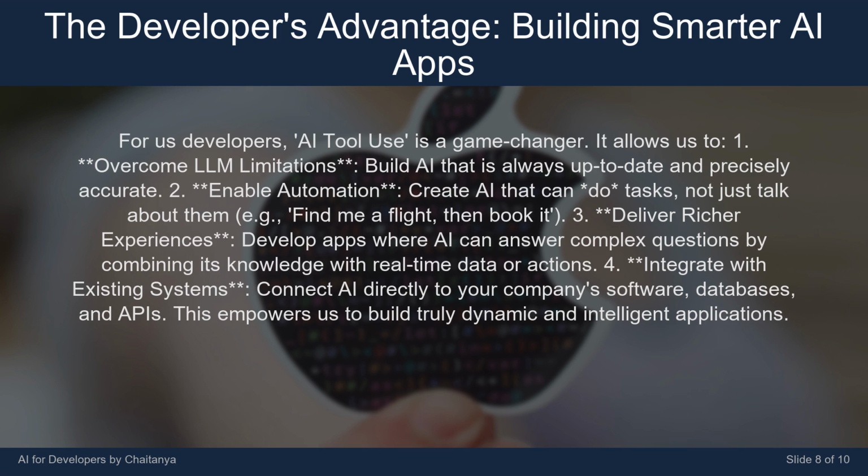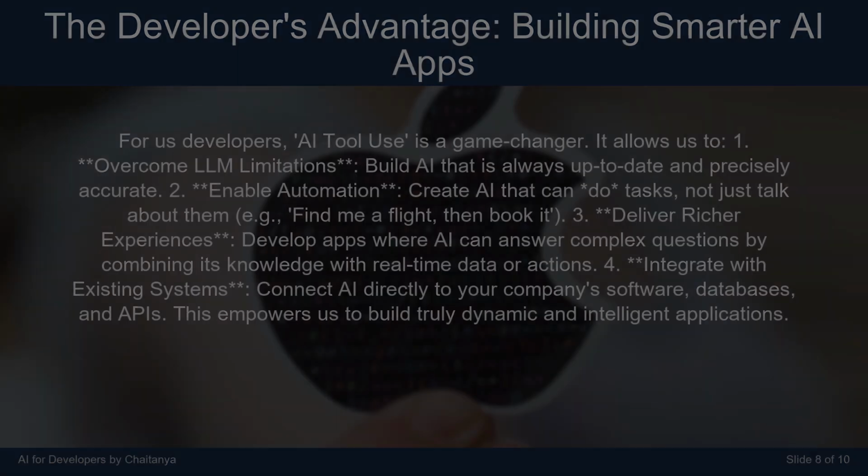Deliver richer experiences. Develop apps where AI can answer complex questions by combining its knowledge with real-time data or actions. 4. Integrate with existing systems. Connect AI directly to your company's software, databases, and APIs. This empowers us to build truly dynamic and intelligent applications.